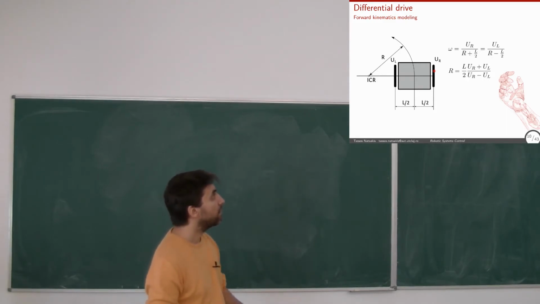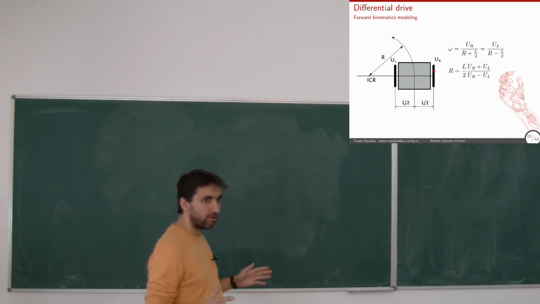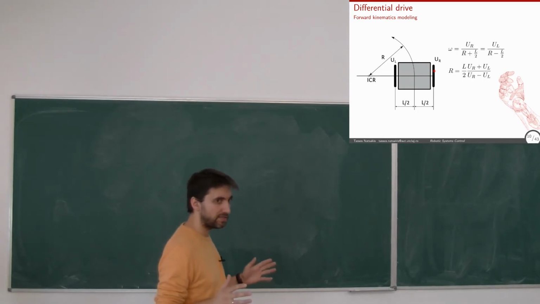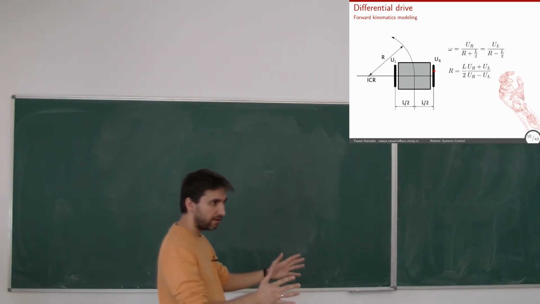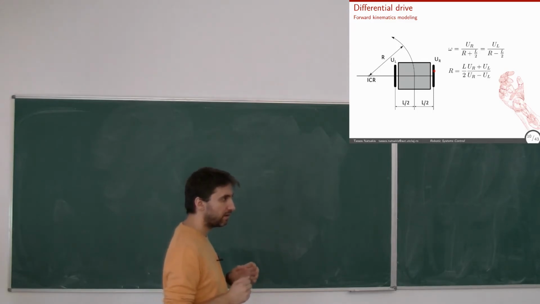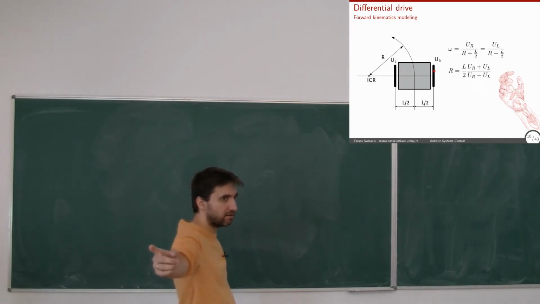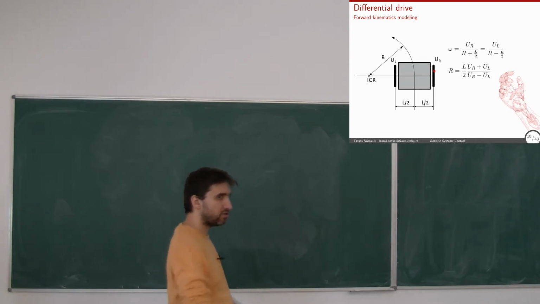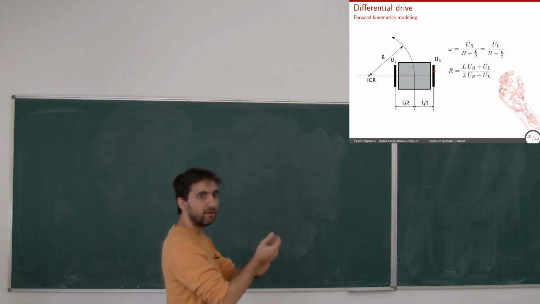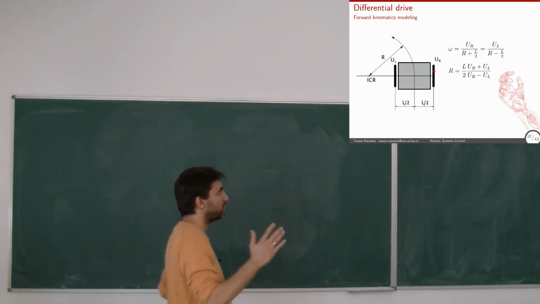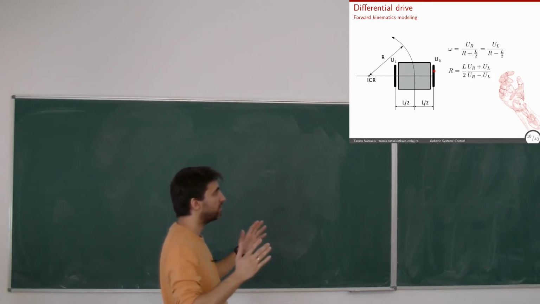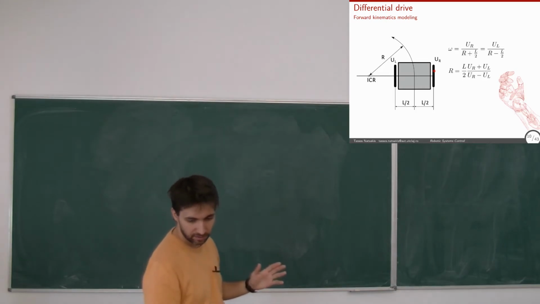What happens if they're both the same? We'll go straight, right? What did we say in that case we will have? Where will be the ICR when I go straight? Infinity. What happens to the equation when I go straight? When UR and UL are equal, what do I get?